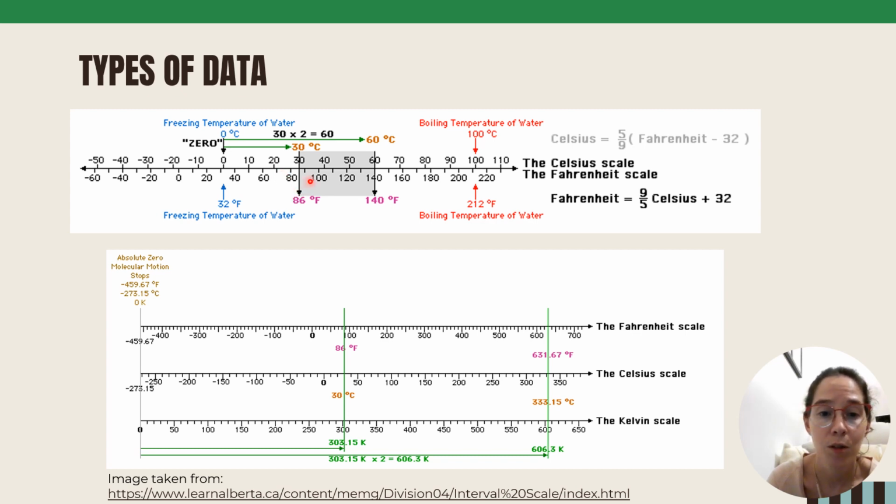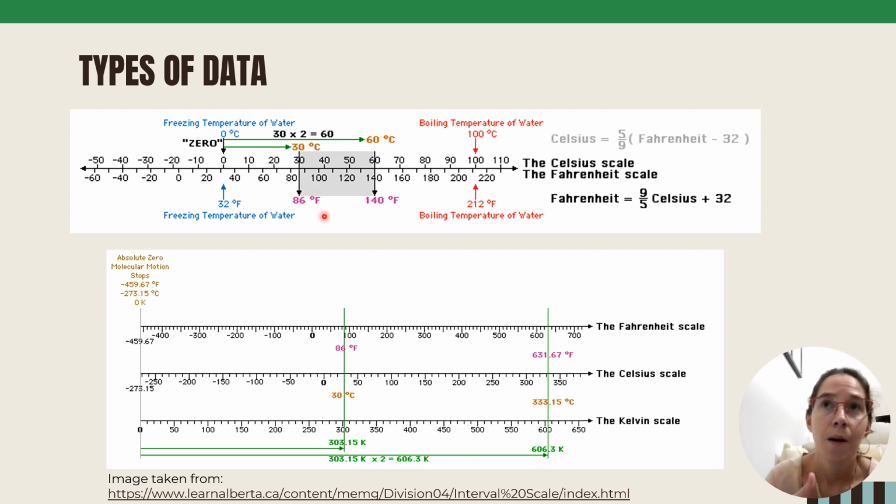The difference between 20 and 10 Celsius degrees is the same as the difference that exists between 10 and 0 Celsius degrees. And another thing that we could tell, for example, is that the difference between 60 and 30 Celsius degrees is the same as the one that corresponds between 140 and 86 Fahrenheit degrees.